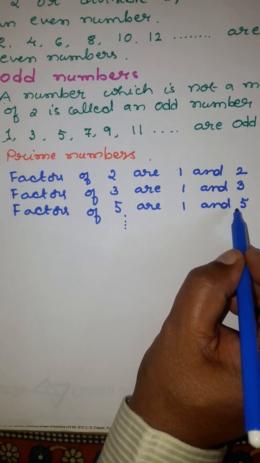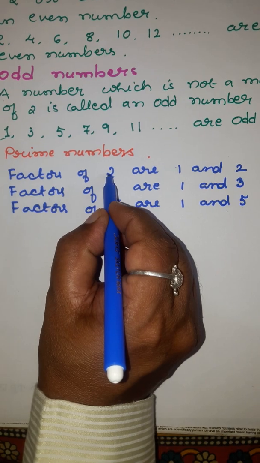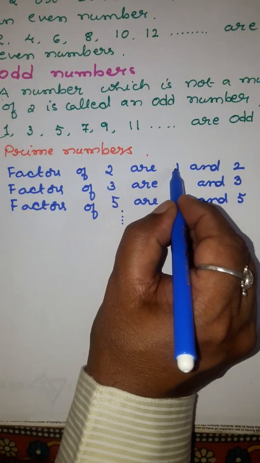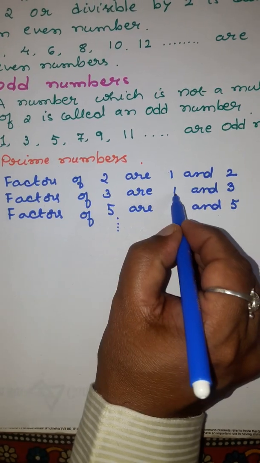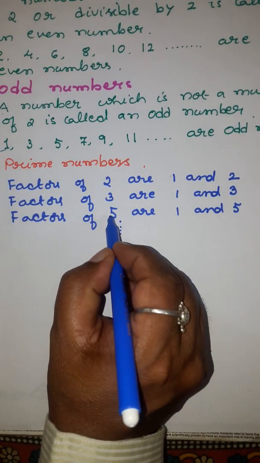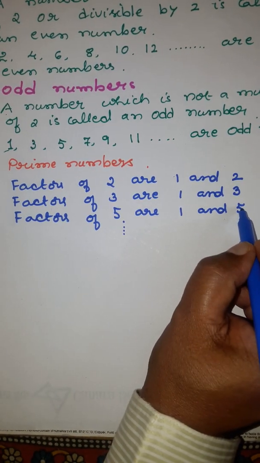See here, 2 has only two factors, 1 and itself. Here 3 has only two factors, 1 and itself. So 5 has two factors, 1 and itself.